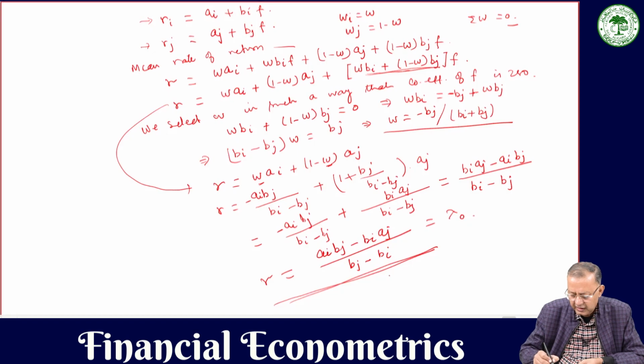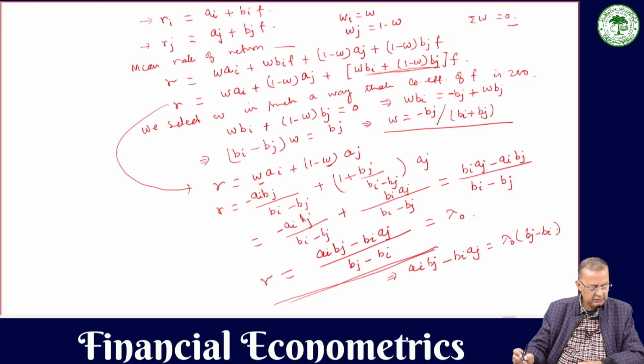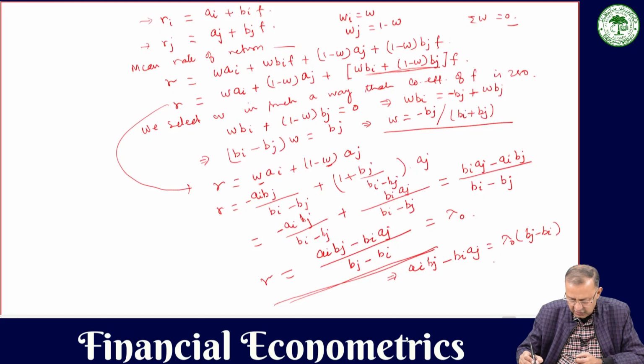So this equation can again be written as AIBJ minus BIAJ, which is equal to lambda 0 BJ minus BI. So this is equal to lambda 0 BJ minus lambda 0 BI.